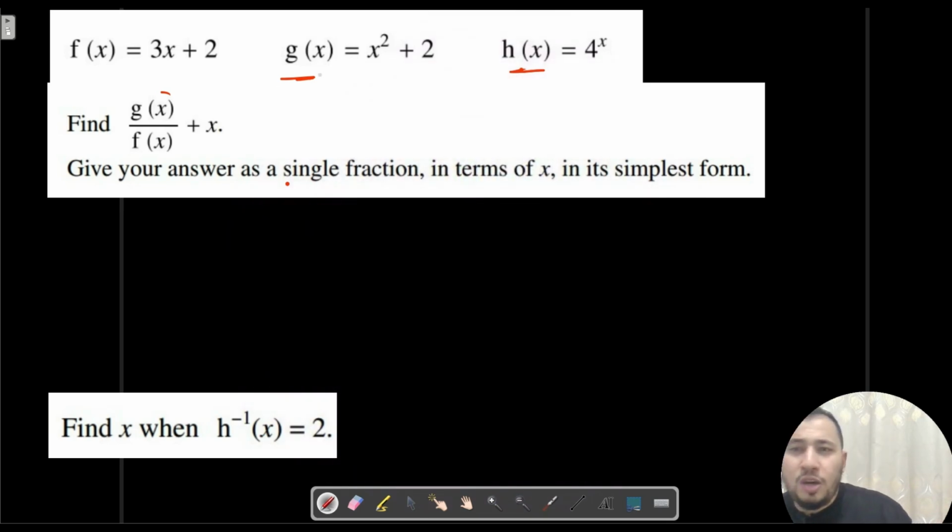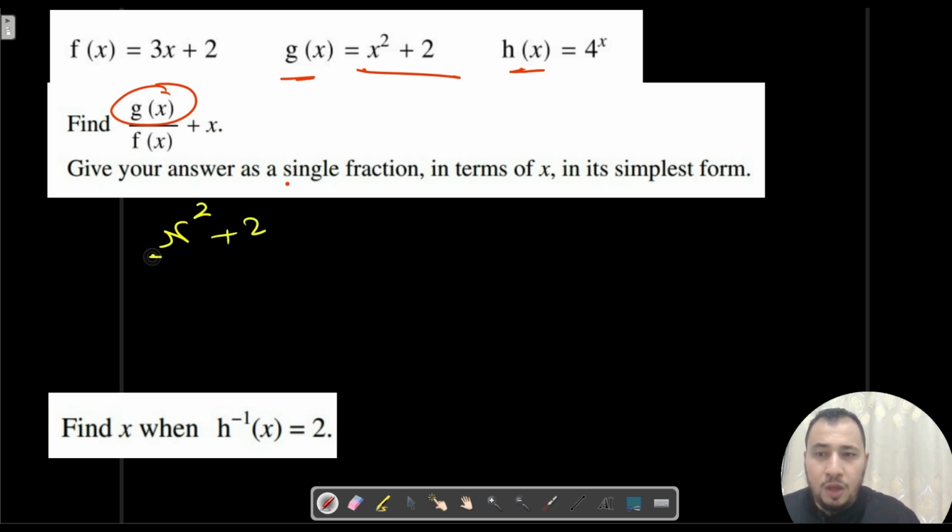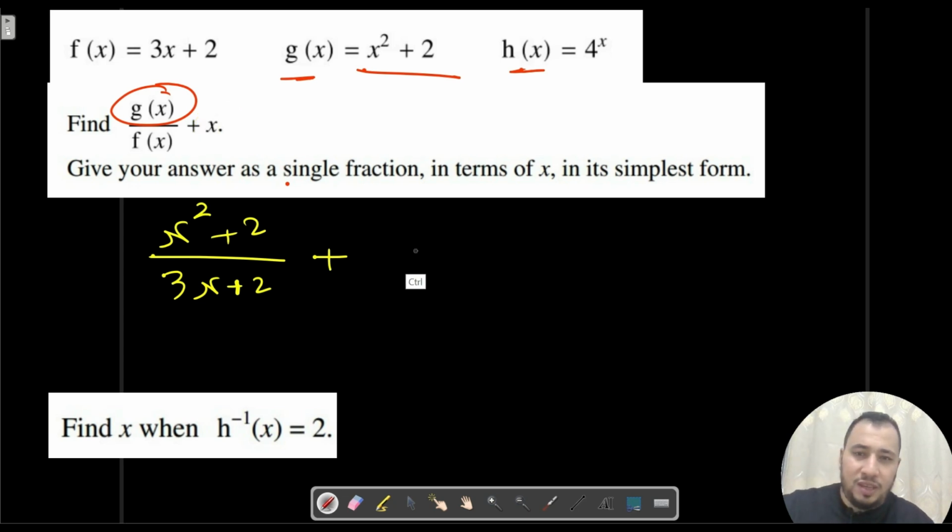Okay, so g of x is here. I'm going to substitute it with its value, which is x squared plus 2, over f of x equals 3x plus 2, okay, 3x plus 2 plus what here? Plus x. But Mr., how can we make them the same denominator?